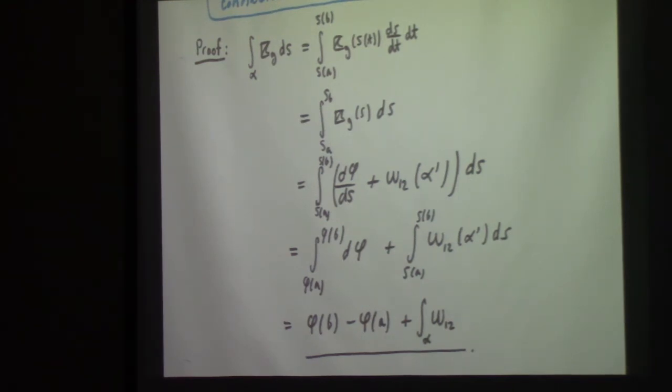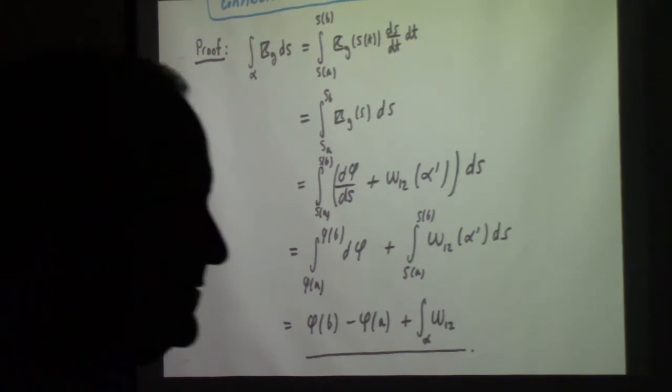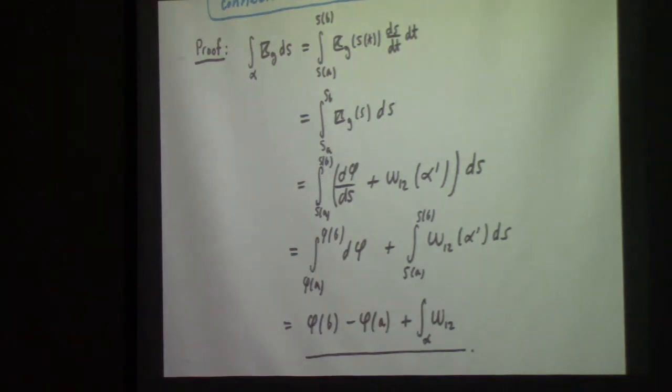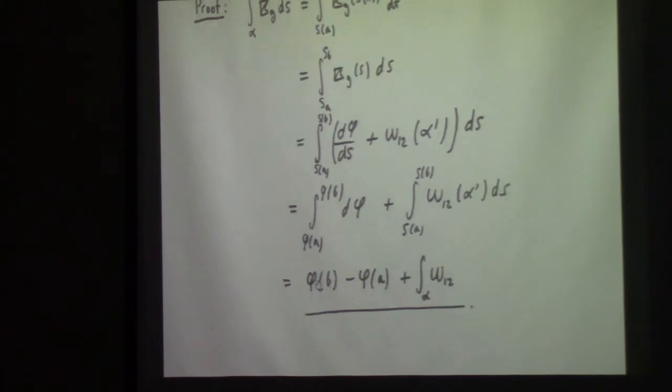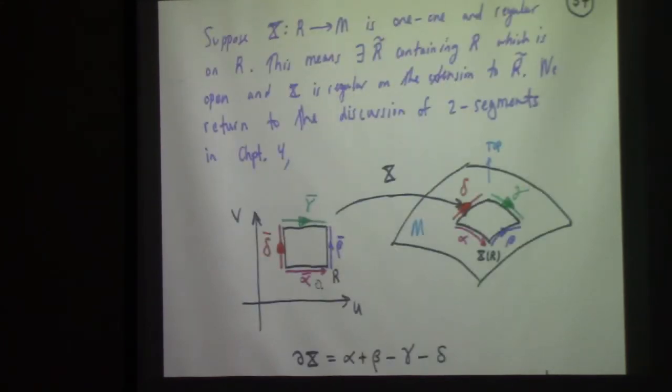Notice that in the case that the connection omega 1,2 thing was just 0, it's just the difference in inclination angles, right? Just phi of b minus phi of a. So, yeah. All right. Moving along here.